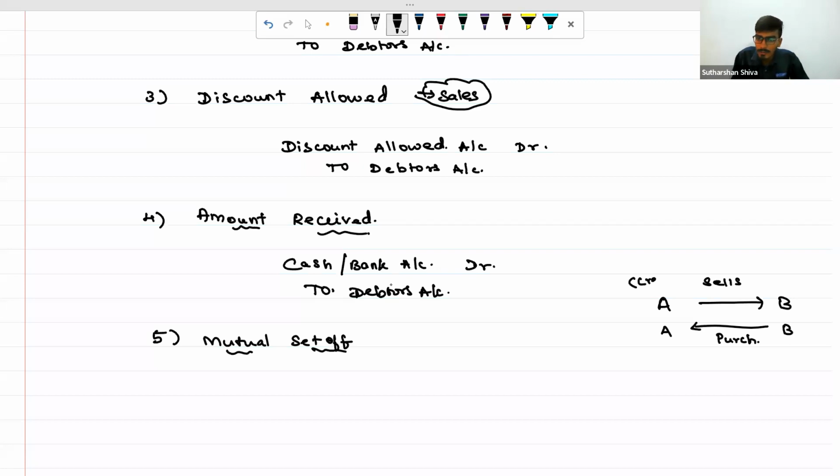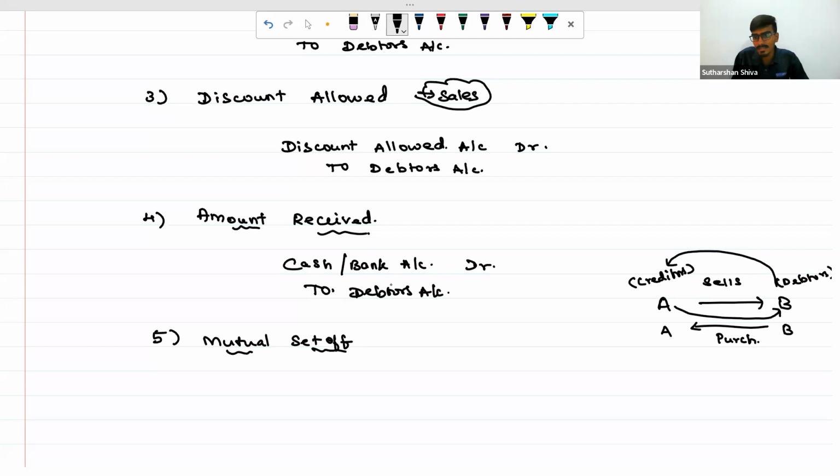From A's point of view, he will be a creditor, he will be a debtor. From B's point of view, A will be a creditor. From A's point of view, B will be a debtor.